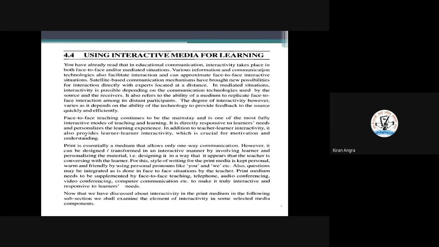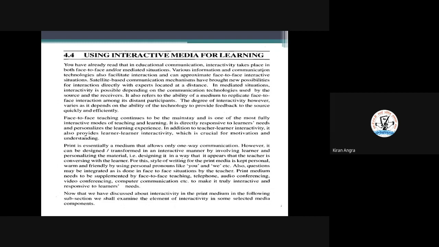It is not a classroom, we are not sitting at one place, we may not be in the same real time, we may be in different places, geographically very far away, but still we want interactivity, and that can only be possible if we could replicate face to face interaction.